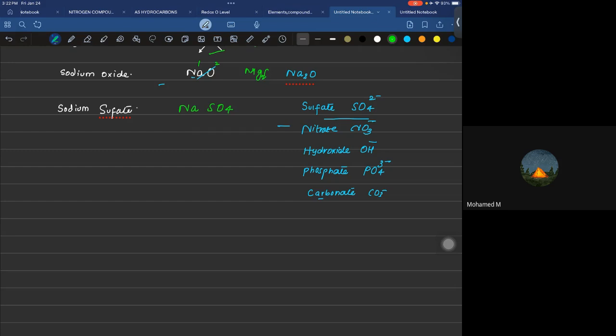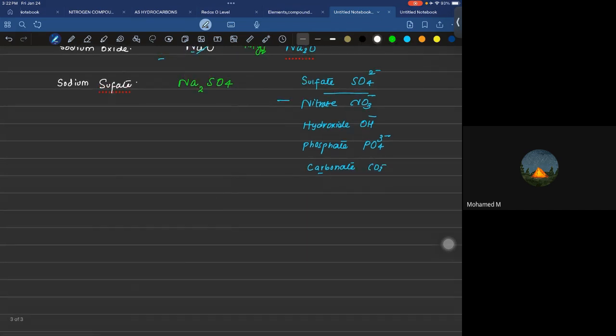It will be SO4 2 minus. So what should be the chemical formula? Like what should be the number in the subscript? Na2SO4. Exactly. Good.